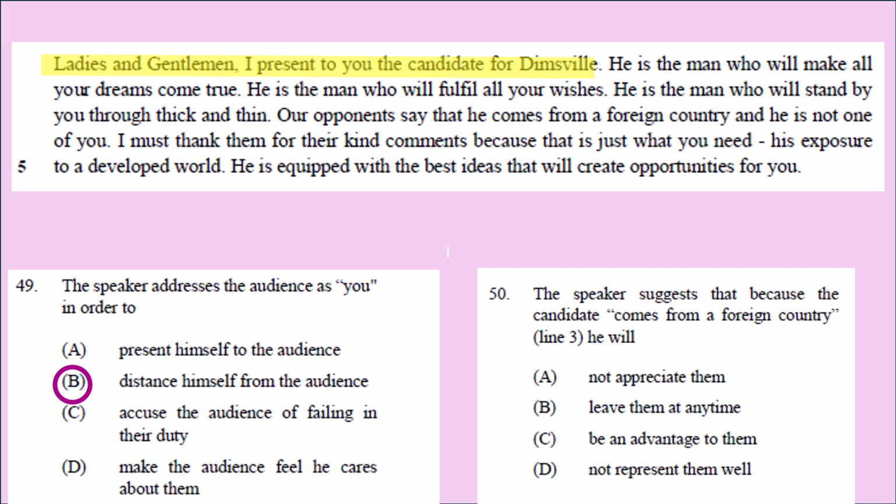The speaker suggests that because the candidate comes from a foreign country, he will A, not appreciate them, B, leave them at any time, C, be an advantage to them, or D, not represent them at all. And the only logical answer there is C, be an advantage to them.